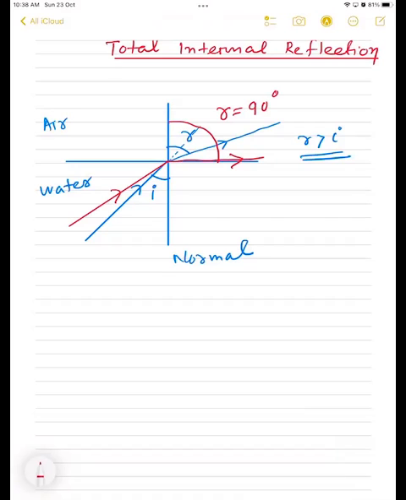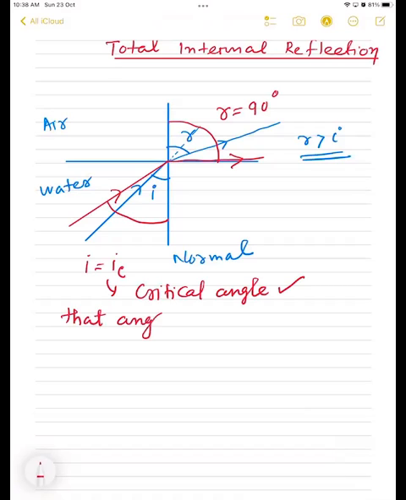So for that value, this i is known as ic, the critical angle. This is known as what? Critical angle. Critical angle means that angle of incidence for which the angle of refraction is how much? 90 degrees. Understood? Yes, sir.